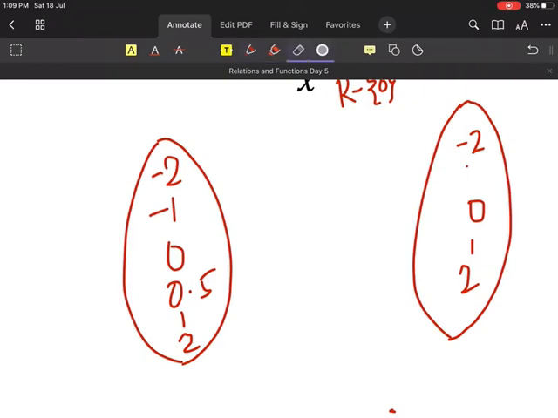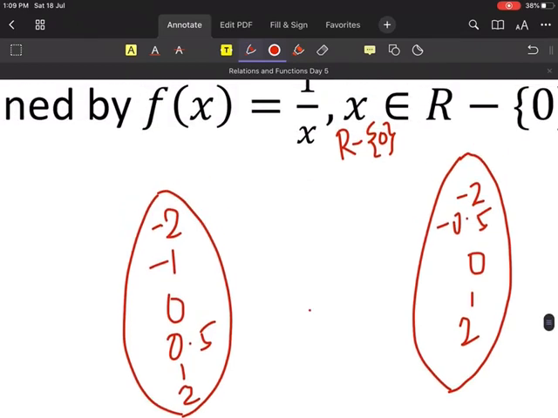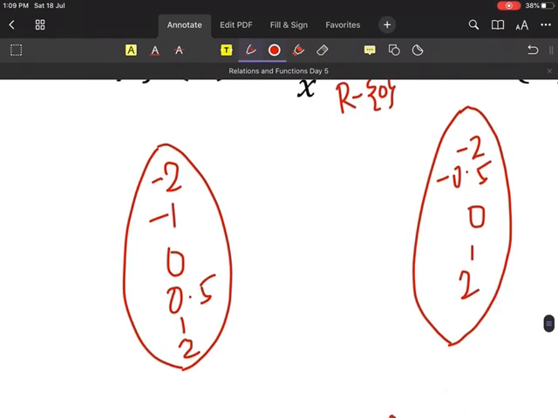Let's write here minus 0.5. I'm not writing minus 1, I'm just writing like this. Now, one by one. The function is 1 by x. Minus 2 will be mapped with what?